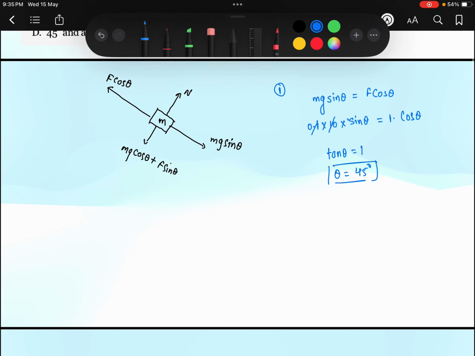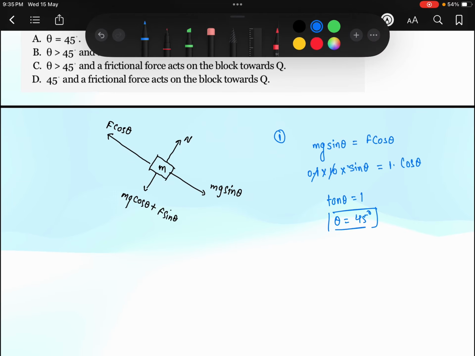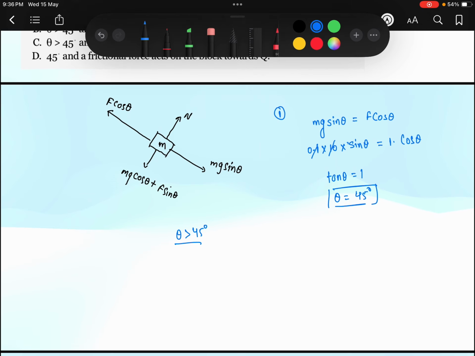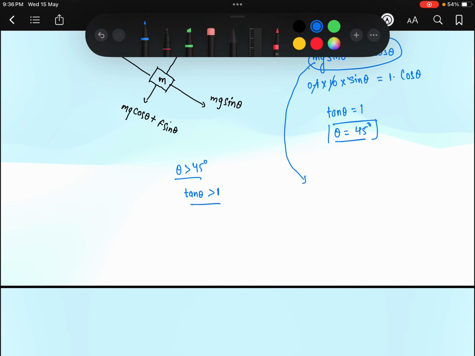Now let me suppose I increase this theta, let theta be greater than 45 degrees. Then in that case tan theta will be greater than 1. So I will write this equation here again, mg sin theta and F cos theta.